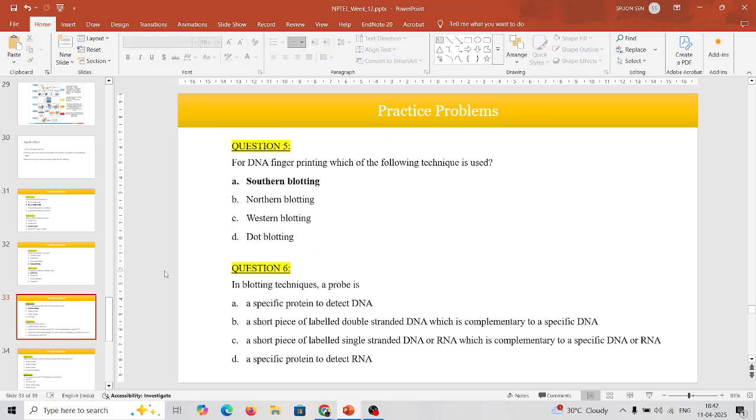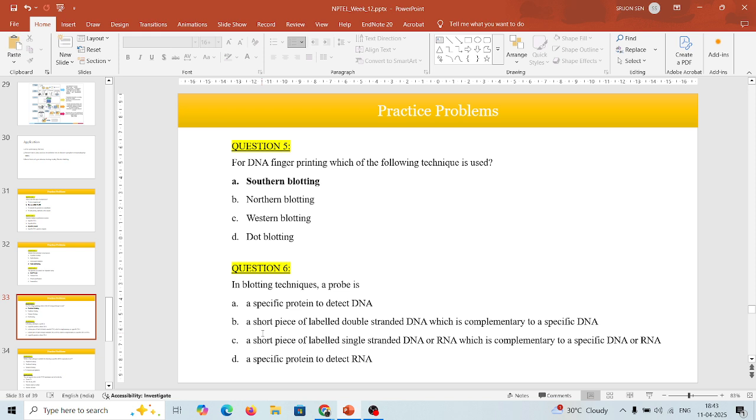Now in blotting techniques, what is a probe? A specific protein to detect DNA, a short piece of labeled double-stranded DNA which is complementary to a specific DNA, a short piece of labeled single-stranded DNA or RNA which is complementary to the specific DNA or RNA, or a specific protein to detect RNA. So a specific protein to detect DNA, that is not right.